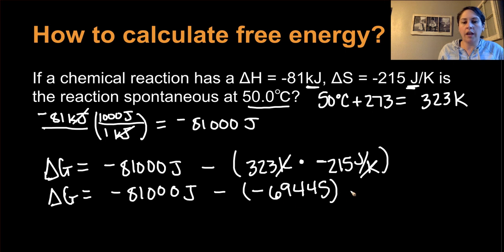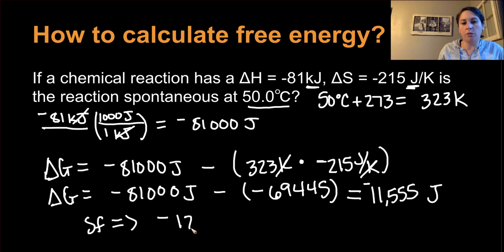And so when I subtract those from each other, I get negative 11,555 joules. And with sig figs, we end up finding out that this is going to be about a negative 12,000 joules.